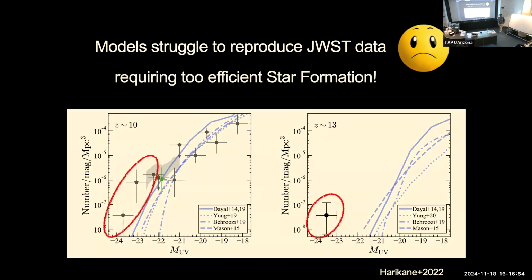I think it's true that there are more UV bright galaxies than people were expecting before JWST started. But specifically in this plot, if you compare the point on the right to the point on the left, there's the same number of really, really bright galaxies at redshift 13 and redshift 10. And that seems like it is probably wrong.